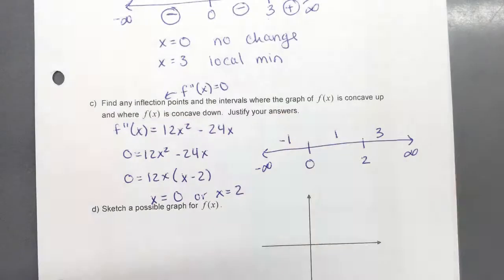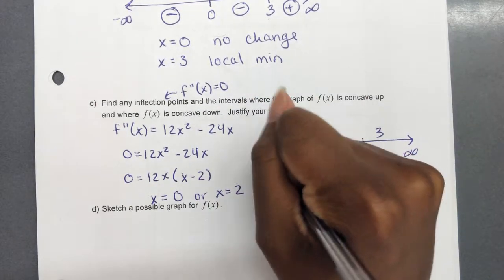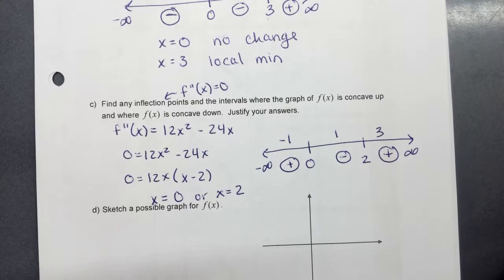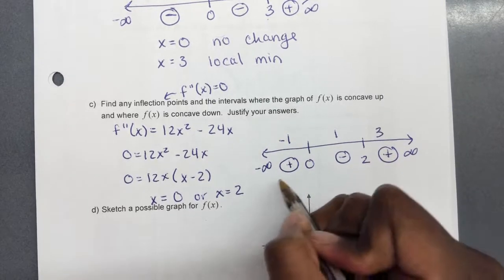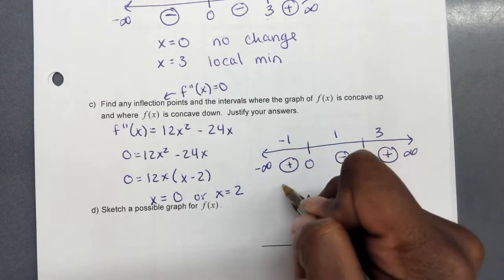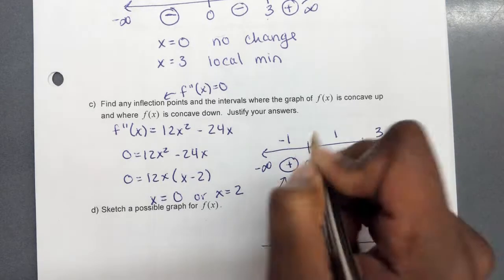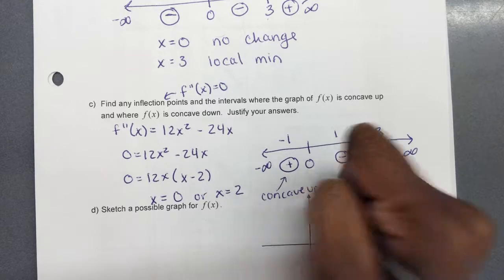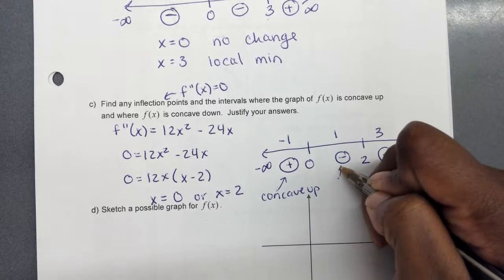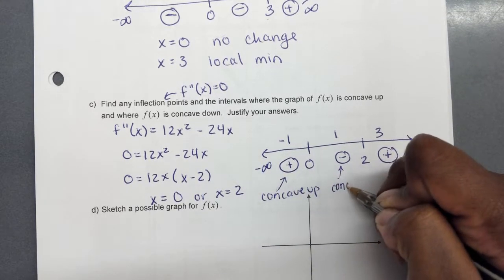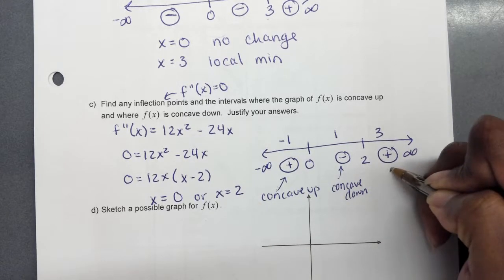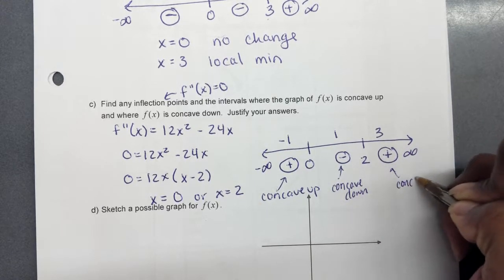And if we plug those into our second derivative, we'll have a positive number, a negative number, and then a positive number. Which means that from negative infinity to 0 in this whole space, we're going to be concave up. From 0 to 2, we'll be concave down. And from 2 to infinity, we'll be concave up.